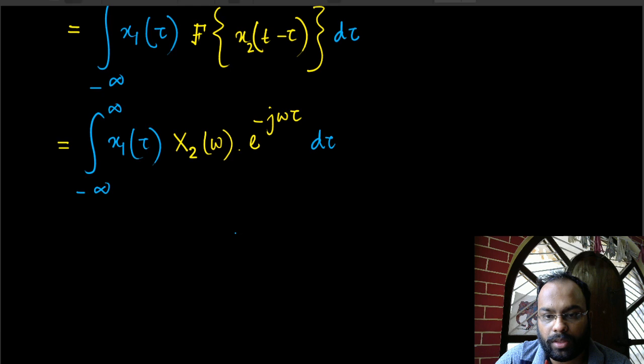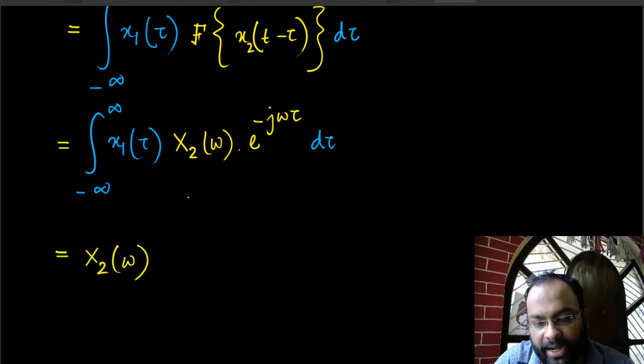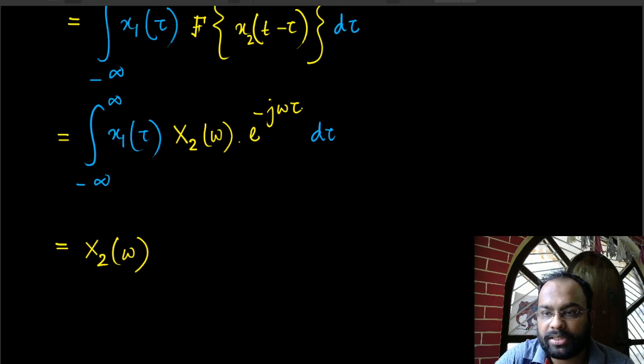So now I can bring this outside, because throughout this integration tau is the variable, omega is a constant. So this can go outside. I have X2 omega outside, and inside this I have this integration.